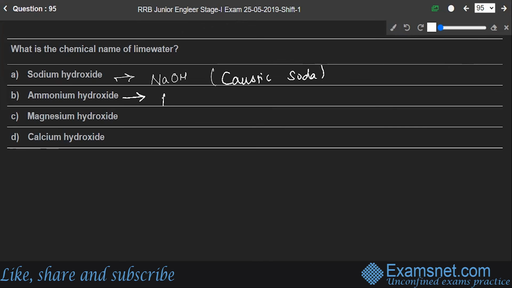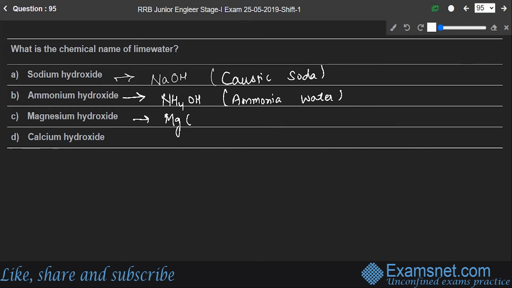Then you have ammonium hydroxide. This is ammonia water. This is used as a cleanser and in the manufacturing of plastics, rubber, fertilizer, and textiles.